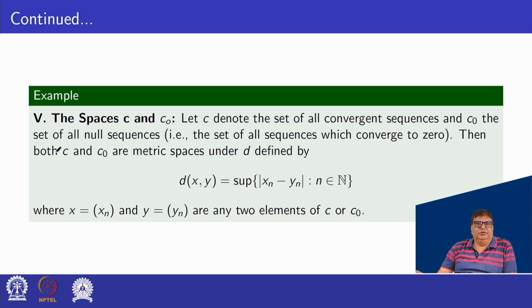Then both c and c0 are metric spaces under d defined by d(x,y) equal to the supremum of |xn minus yn| for all n belonging to N, where x equal (xn) and y equal (yn) are any two elements of c and c0.